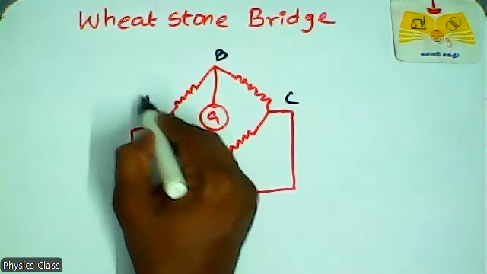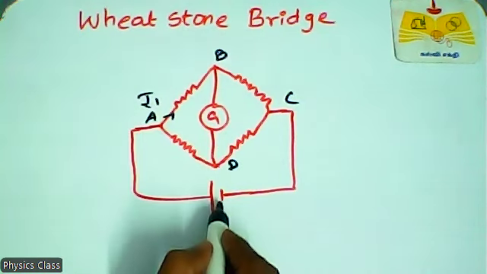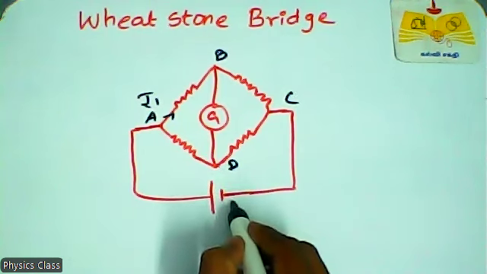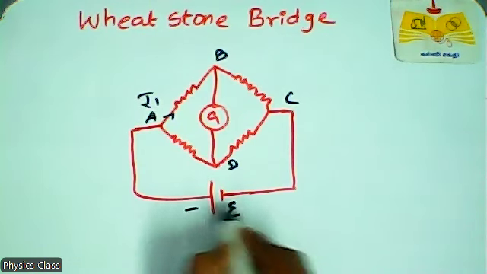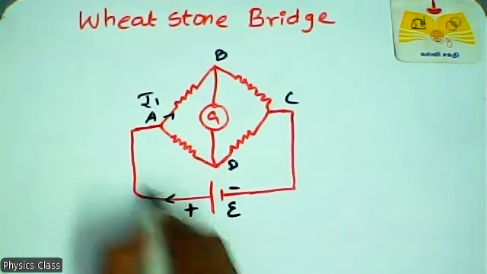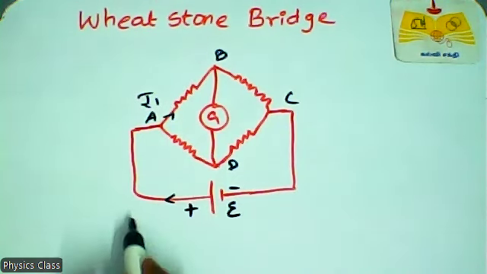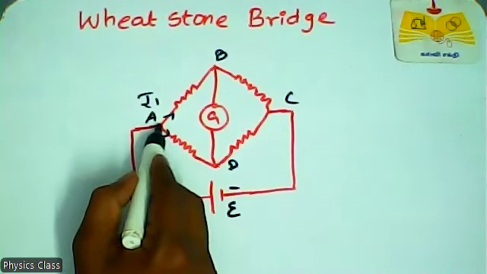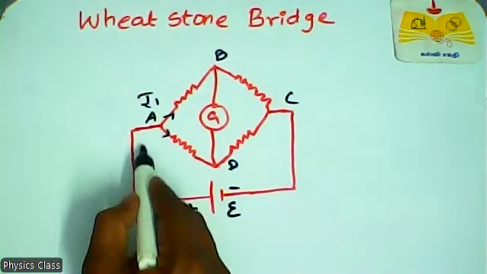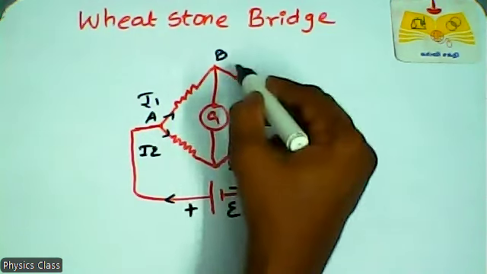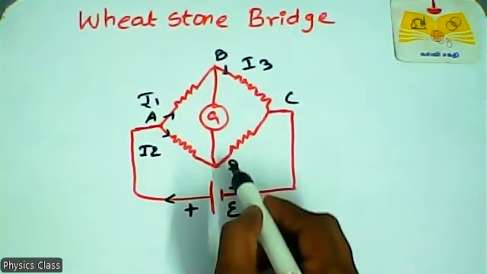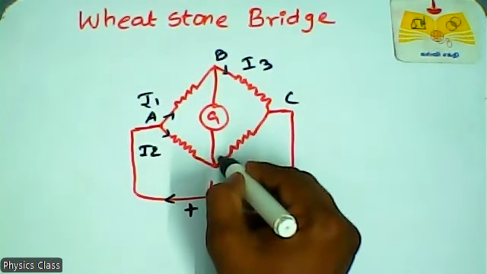Current I1 passes here because here is the battery, which has an EMF E, plus and minus, so the conventional current passes from plus to minus. That current I1 is separated into two components at this junction: this is I1, this is I2. And this current goes here, so this is I3, this is I4.